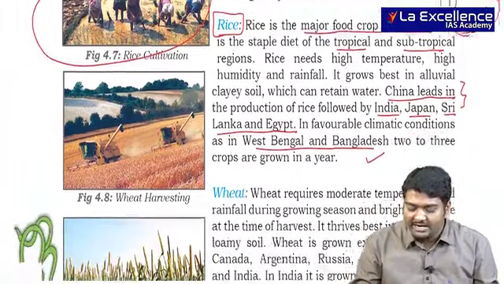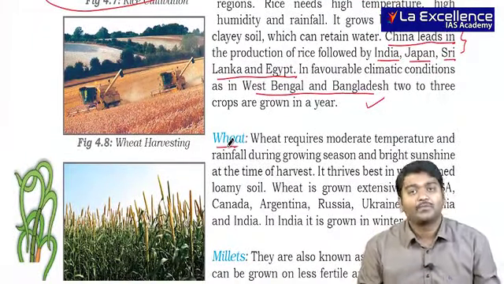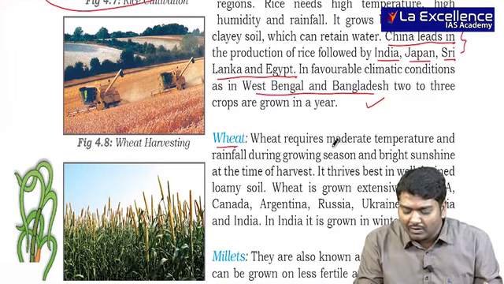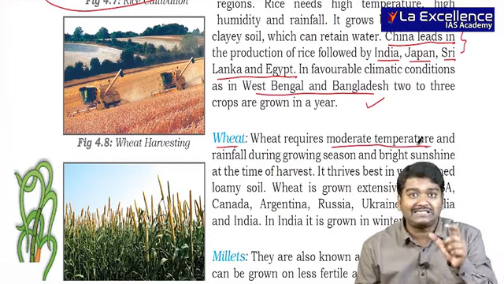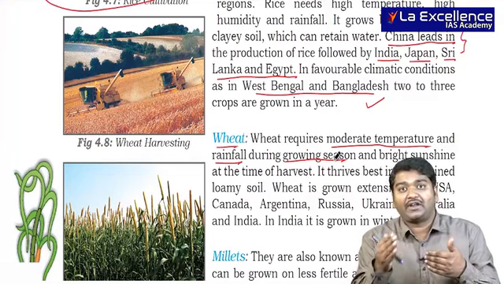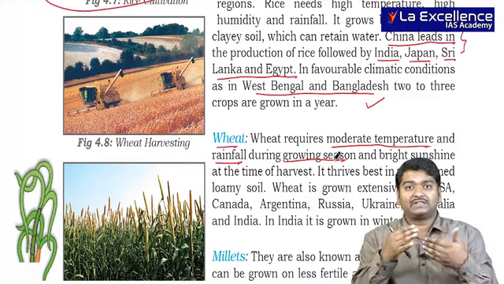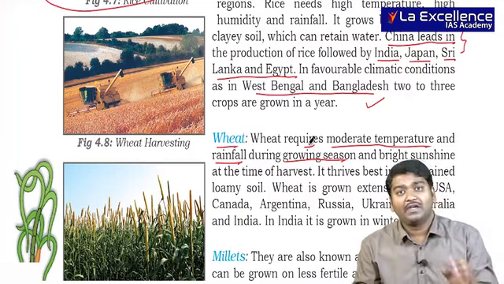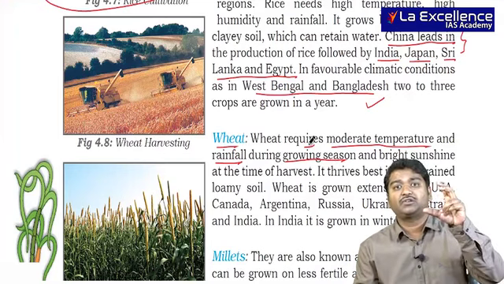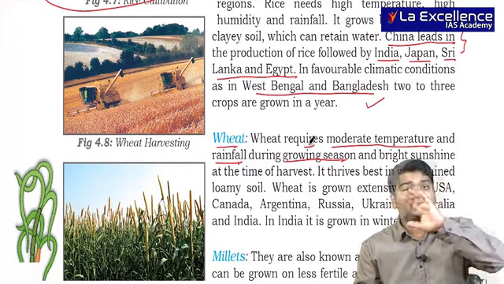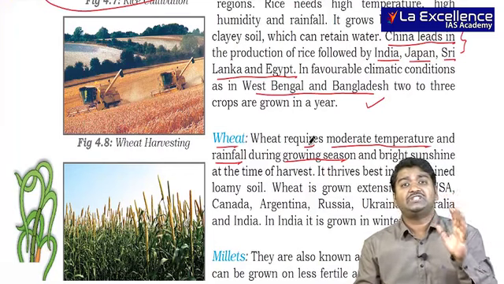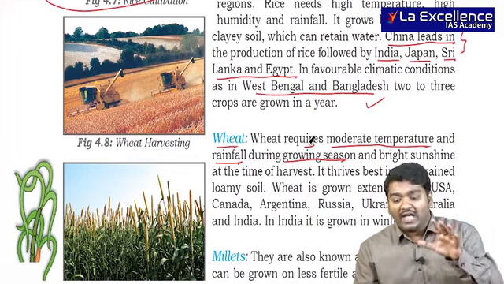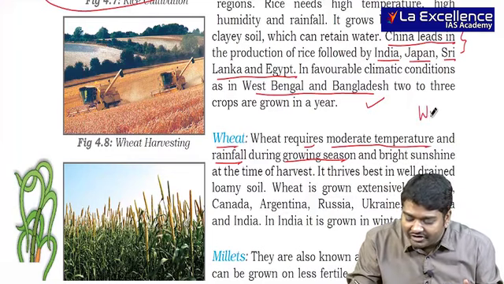Then the second important thing is wheat. Wheat has a peculiar feature where it requires moderate temperature, that means less temperature, and moderate rainfall. The meaning of this is you have good rainfall during the growing season. In India, Uttar Pradesh, Rajasthan, Madhya Pradesh, Punjab and Haryana are good regions for growing wheat, and they are good to grow wheat in winter.